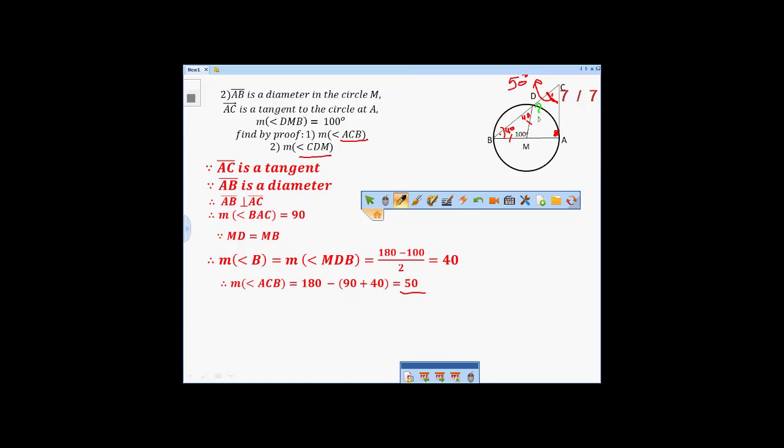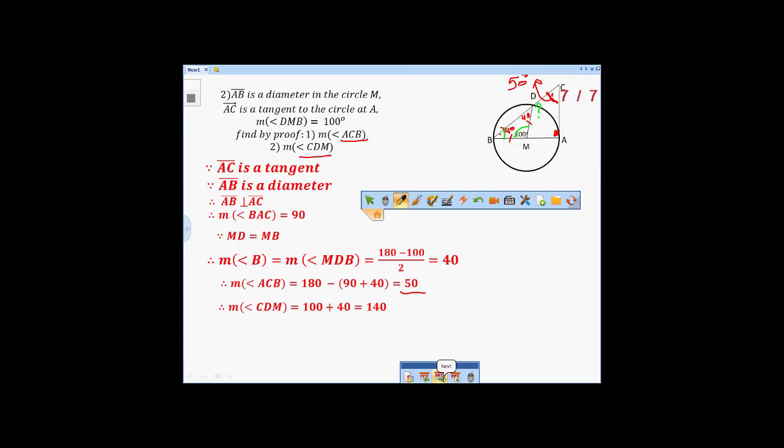We know that CDM is an exterior angle of triangle DMP. It means the measure of CDM is equal to the sum of the measures of the two non-adjacent interior angles. It means the measure of angle CDM is equal to 100 plus 40, it will be 140 degrees.